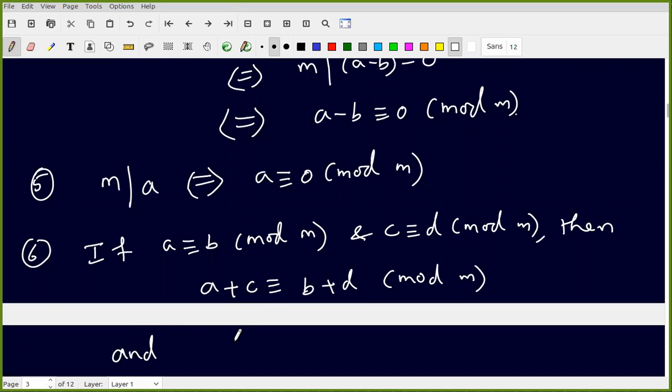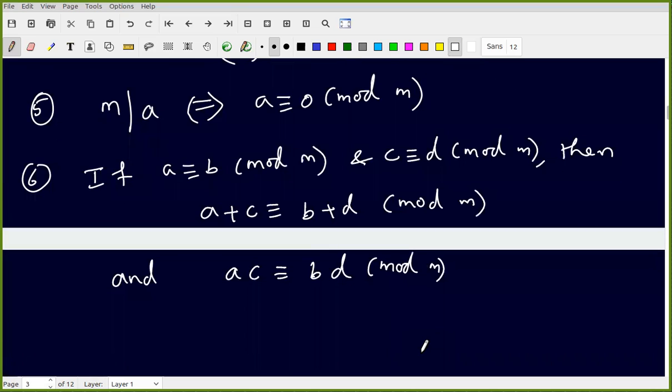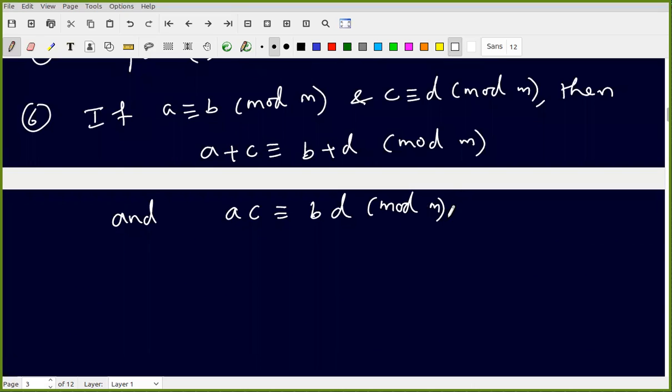And you can multiply the congruences: AC is congruent to BD modulo M. As in equations, you can multiply and add the congruence relations. The proof is very simple, just by using the definition and properties of division.